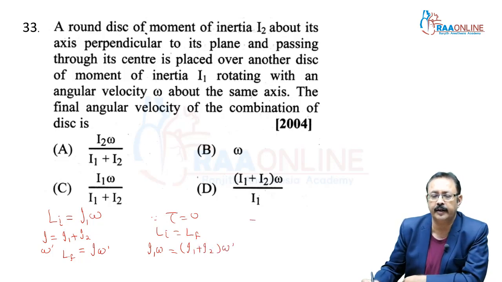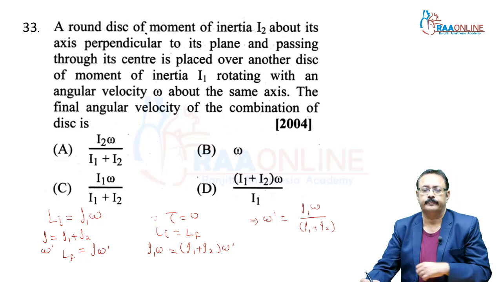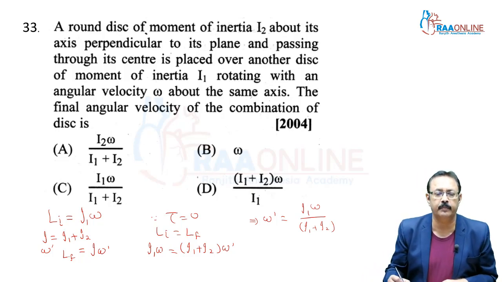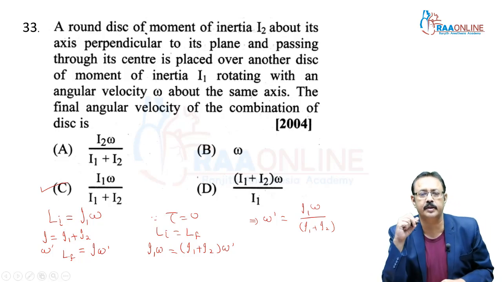So what we are getting? Omega dash is equal to I1 omega divided by I1 plus I2. So what should be the correct answer? I1 omega upon I1 plus I2. So we are going with option C.